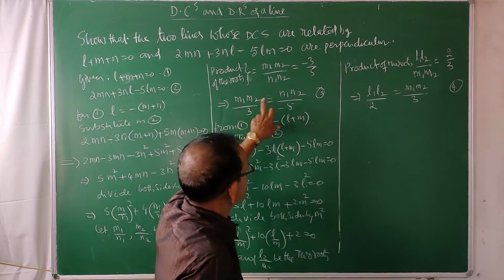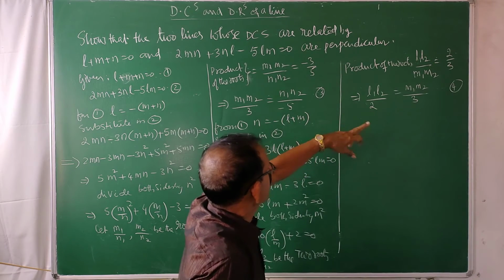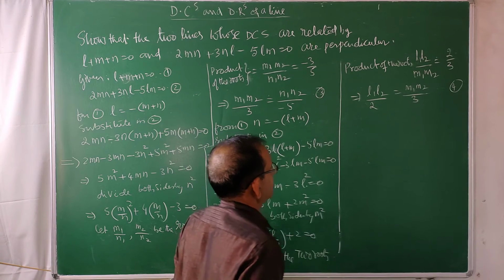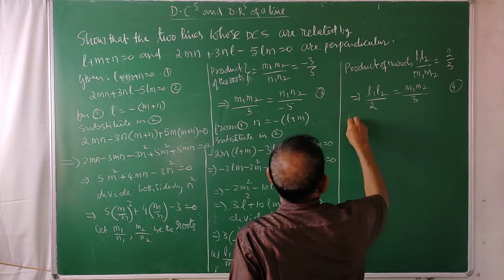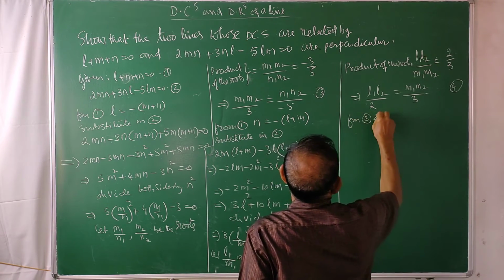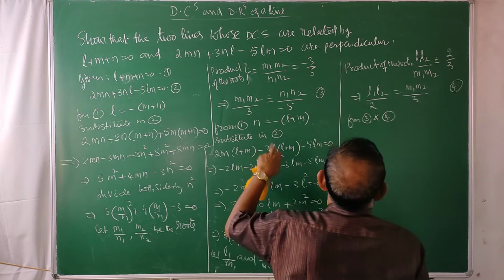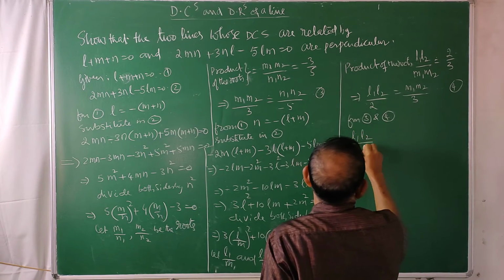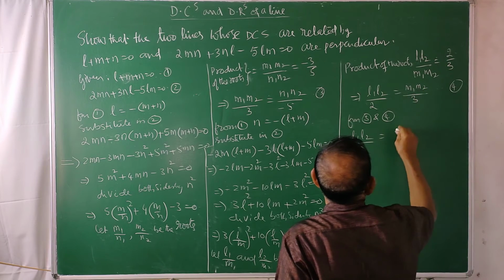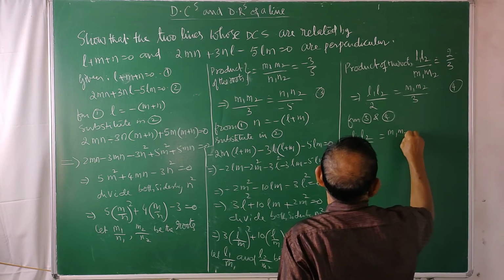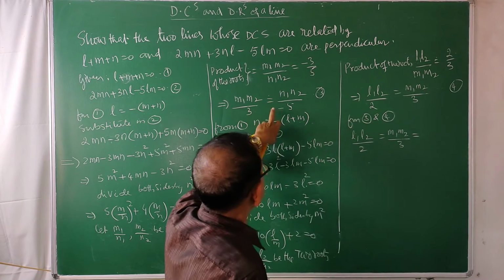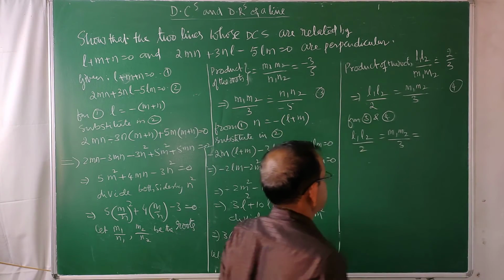So let us compare these two. Here M1 M2 by 3 is common in these two. So you take from 3 and 4: L1 L2 by 2 is equal to M1 M2 by 3 is equal to again N1 N2 by minus 5.